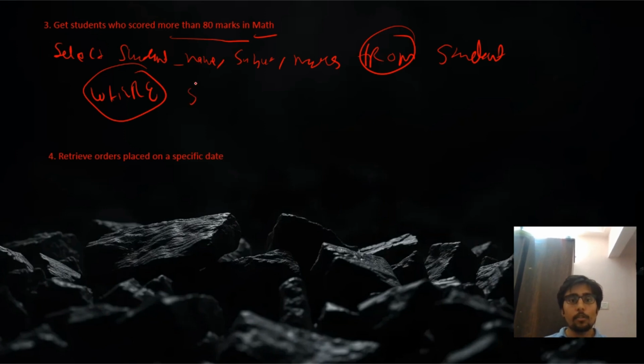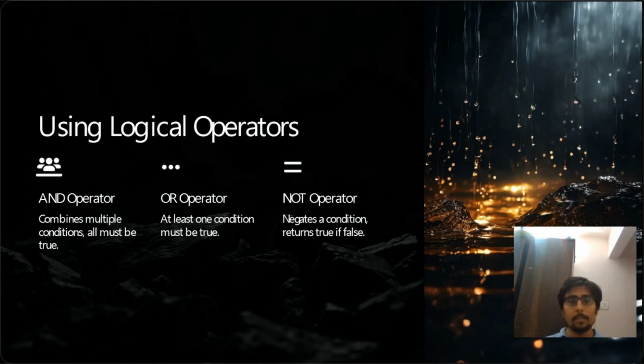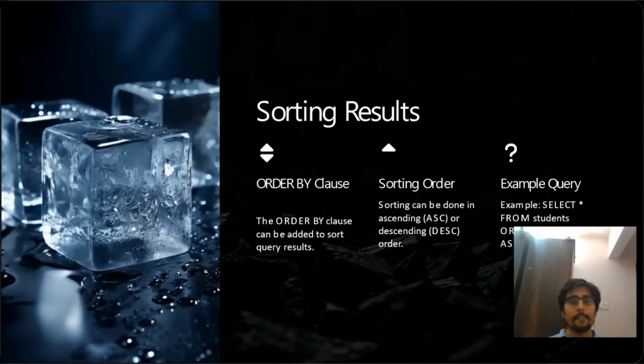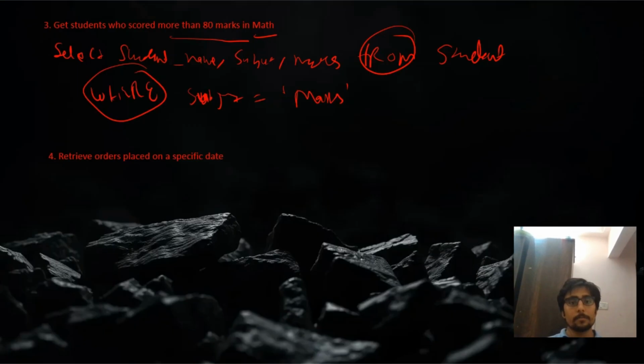Let's say we have a subject column over here. Subject is maths, and marks is greater than 80. So this is what the query is all about. It says subject is maths and marks is greater than 80.